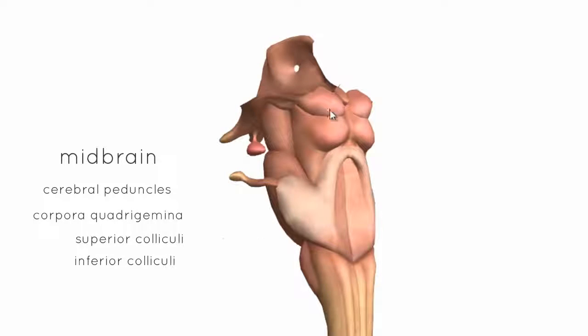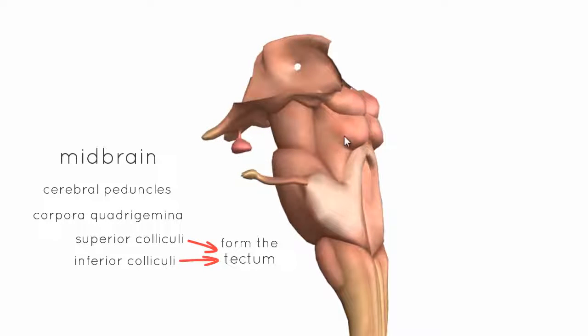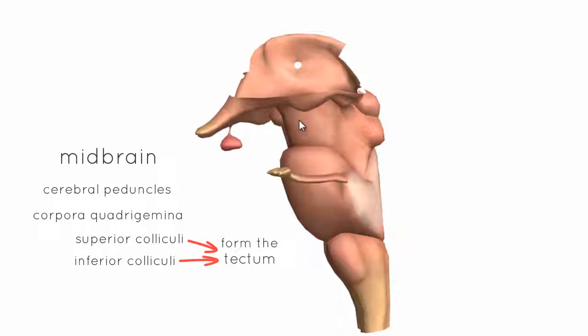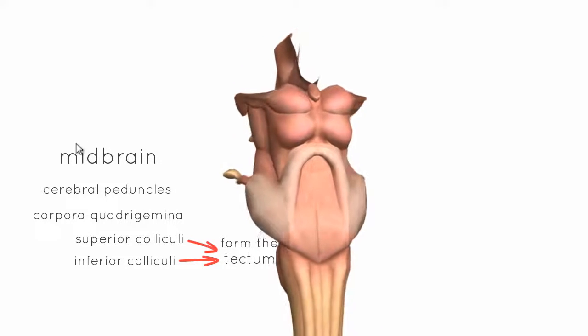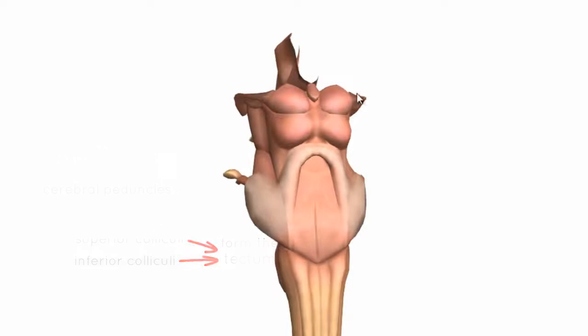These colliculi sit on the tectum, which is sort of the roof of the midbrain. Tectum means roof in Latin. So these corpora quadrigemina sit on the tectum of the midbrain. So the midbrain is this structure here. You've got the cerebral peduncles, and you've got the tectum with the four colliculi.